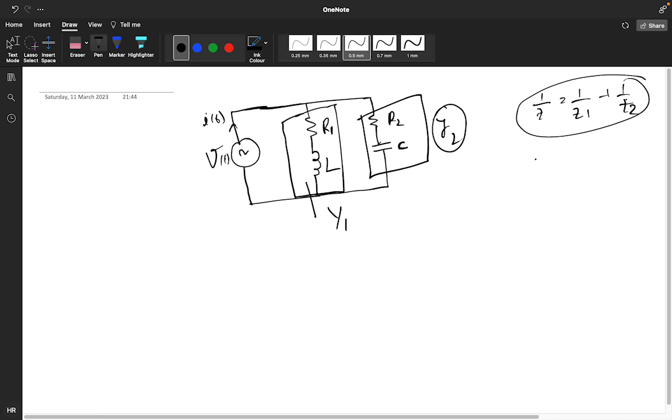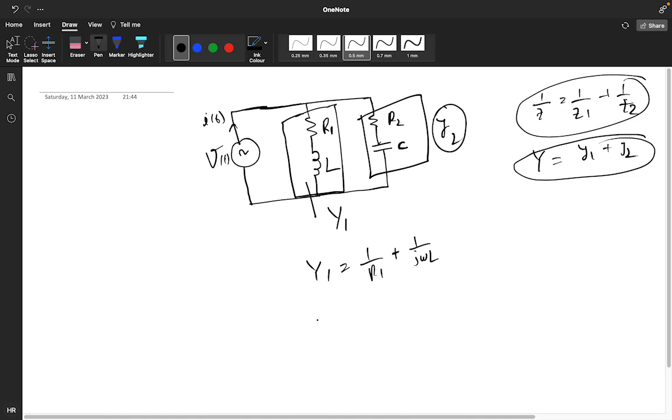But if you go for admittance directly, Y is equals to Y1 plus Y2. So what is Y1? Y1 is equals to 1 by R1 plus 1 divided by j omega L. So what it will give you?